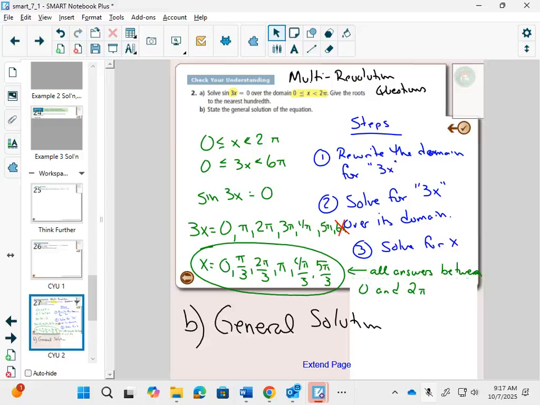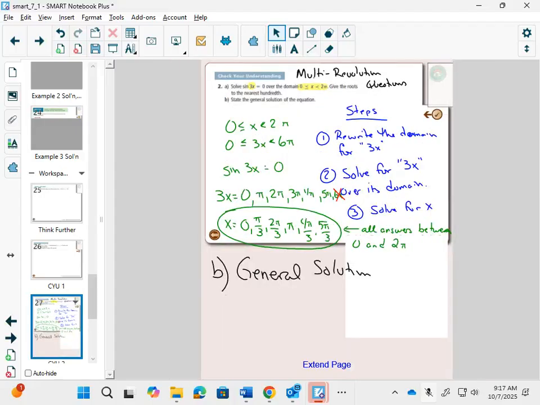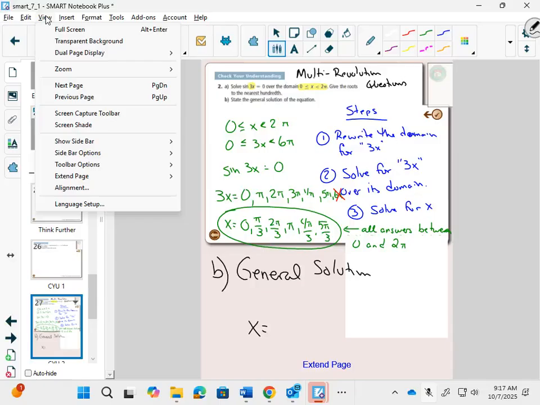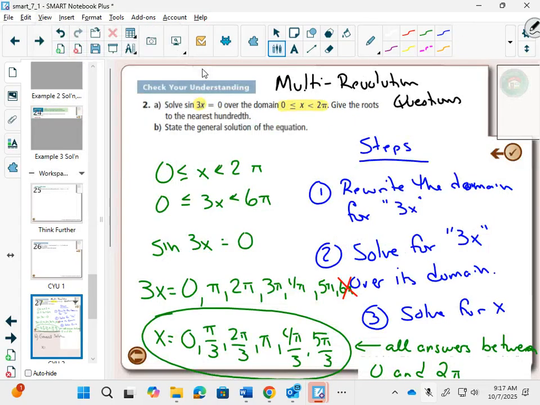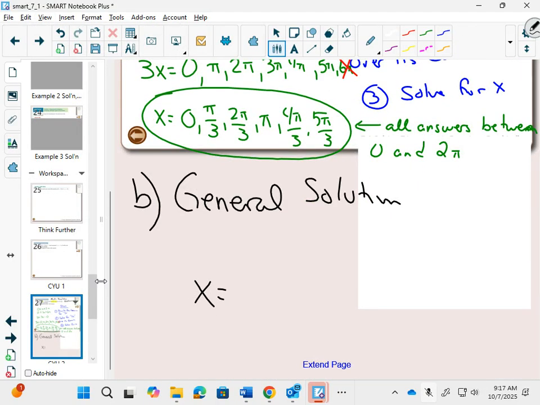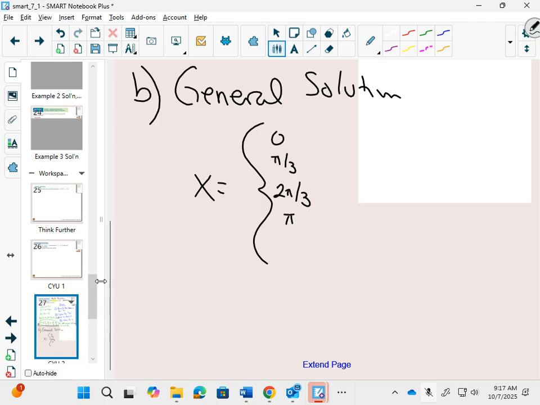Did we already solve between 0 and 2 pi? Yes. So if I wanted to write my general solution for x, I can write out all the answers that I had: 0, pi over 3, 2 pi over 3, pi, 4 pi over 3, and 5 pi over 3, and add 2k pi to each of them.